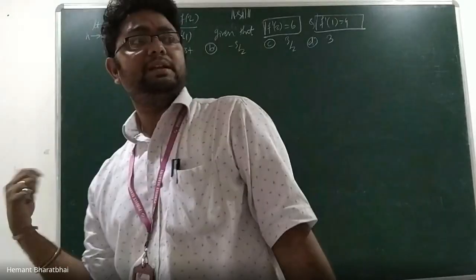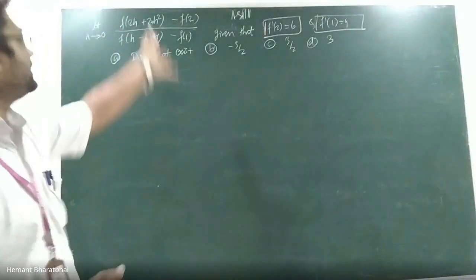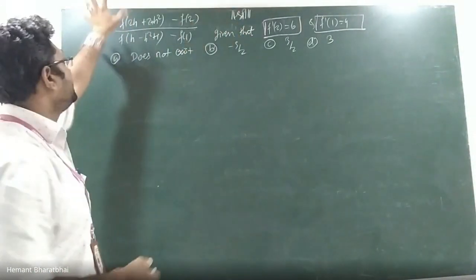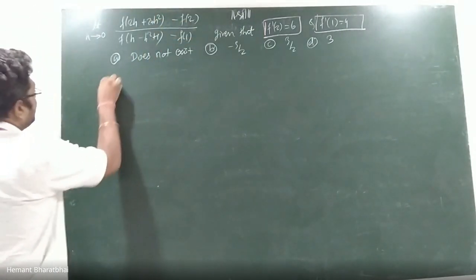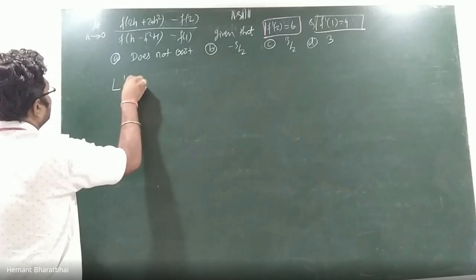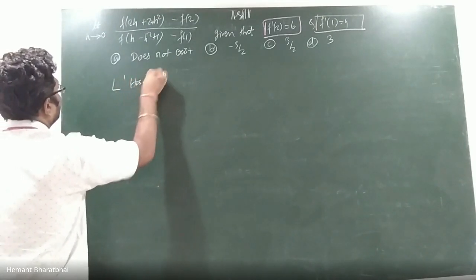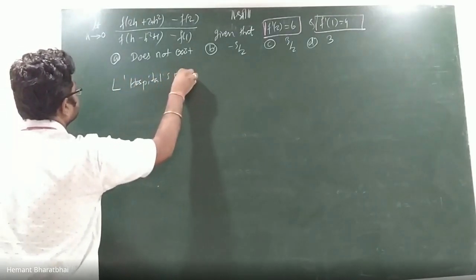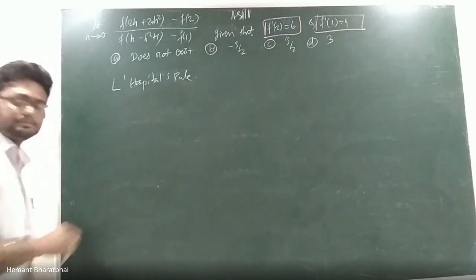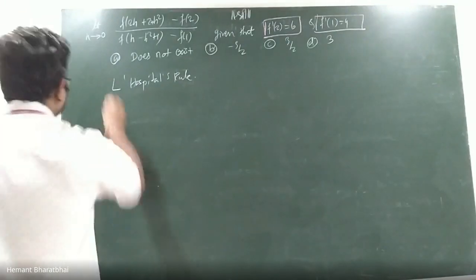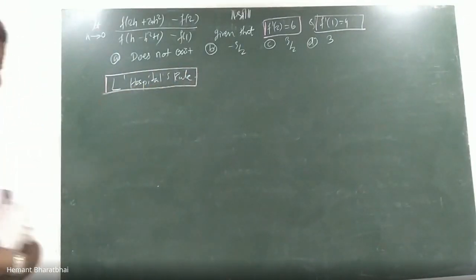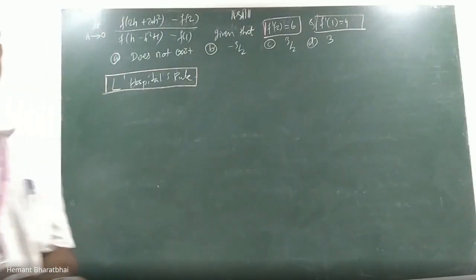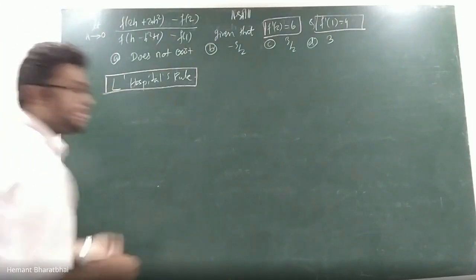Whenever we have something in terms of derivative, but here we don't have any kind of derivative, we go for one technique which is called L'Hospital's rule. So what is that? It means we can separately take derivative.